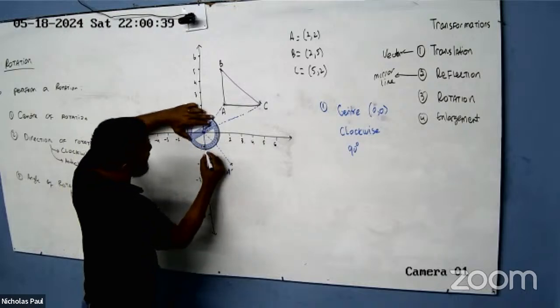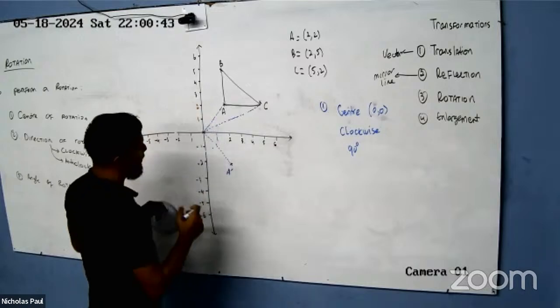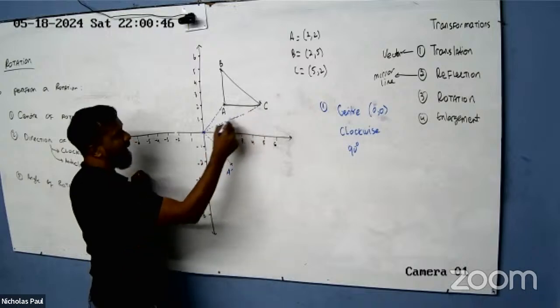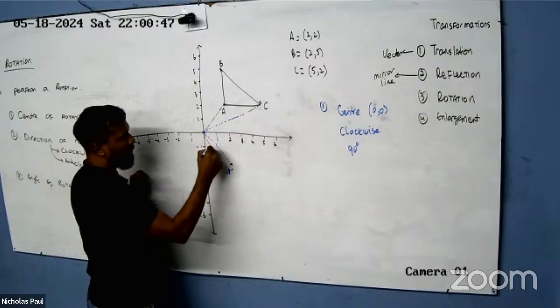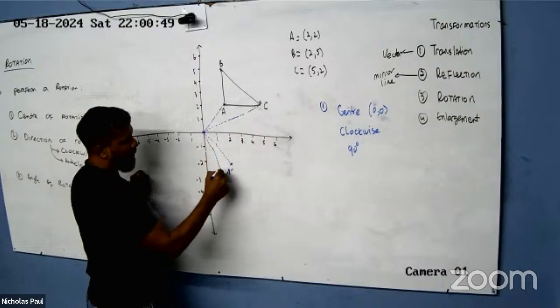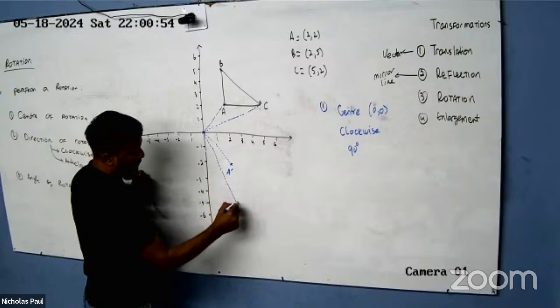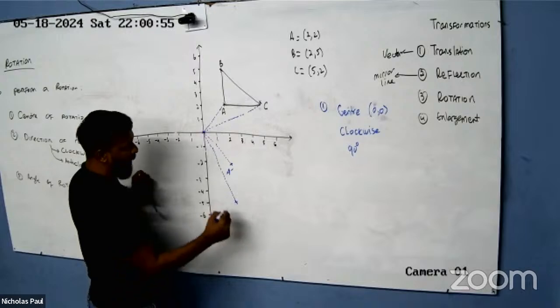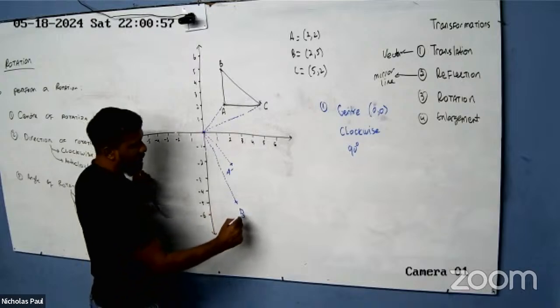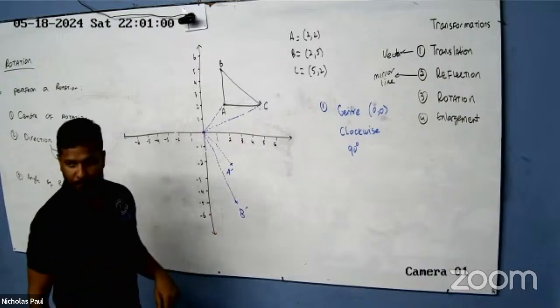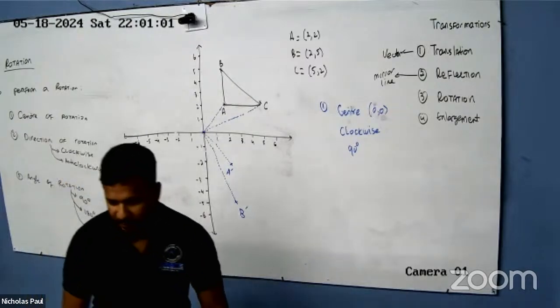Measure 90 degrees. 90 is about here for me. And then draw back the line. I got it there. 2, minus 5. See for B prime, 2, minus 5.